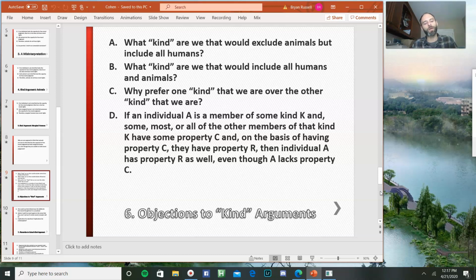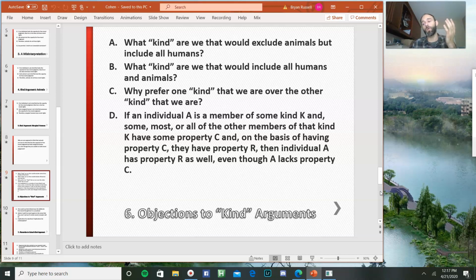It seems like Cohen's saying being a member of some kind which has the capacity for free moral thought is sufficient for having moral rights. So even though not all of the kinds that animals are have the capacity for free moral thought, there are some members of some kinds that do.